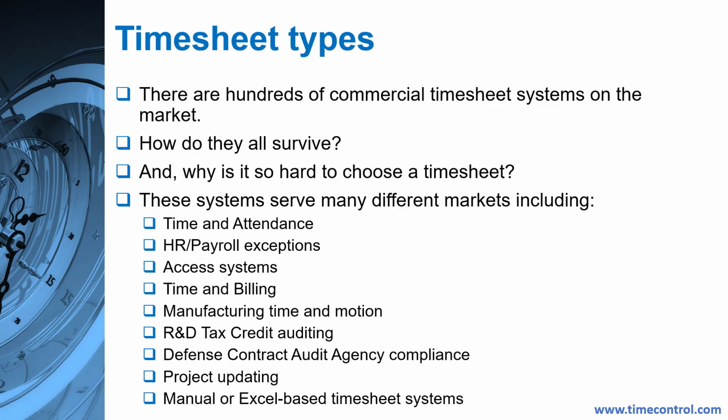These might include time and attendance, the HR timesheet, the same payroll timesheet or a separate payroll timesheet, security access systems, something for time and billing, maybe time and motion in a manufacturing business, or maybe you need timesheets to validate or audit your R&D tax credit, or something for the U.S. Defense Contract Audit Agency, or maybe a project statusing timesheet. There are so many different kinds of timesheets, and each one may seem at first to be the same, but they're very different. Let's take a look at a few of these types.